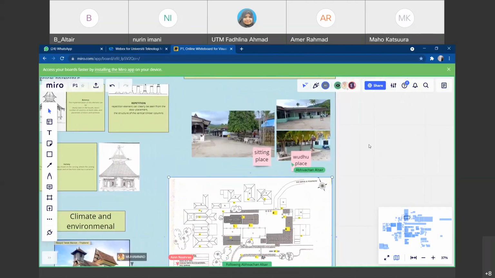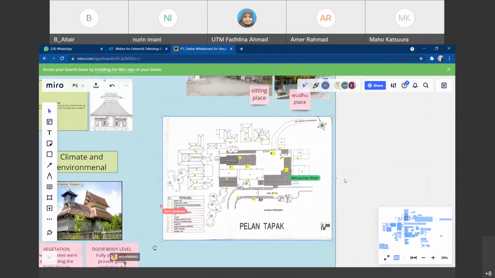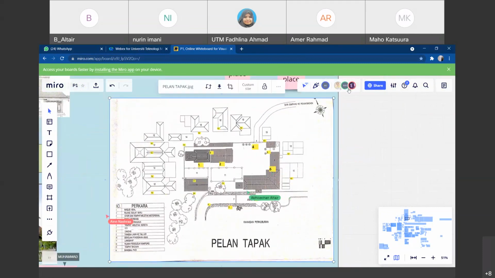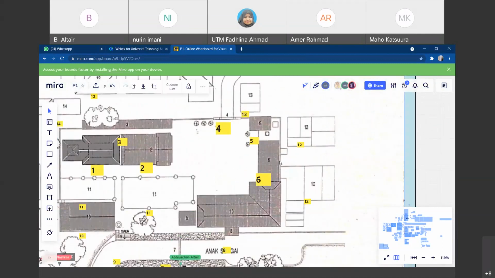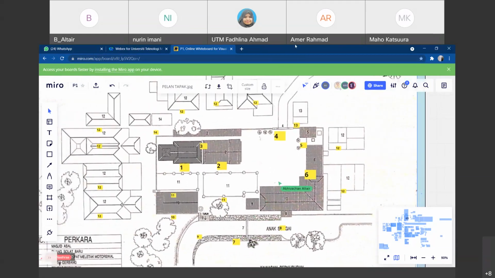Okay, moving to the right side. This is the site context. Can we just go down, Owen? Okay, thank you. And can you please focus on the map? So in here there is the site context. I'll explain each of the numbers. The first one, number one, is the masjid itself. It is the first masjid without any renovation. And number two is the one that got renovated. They added more space.